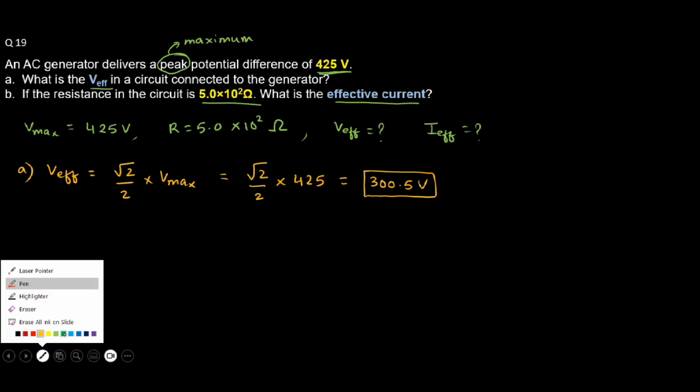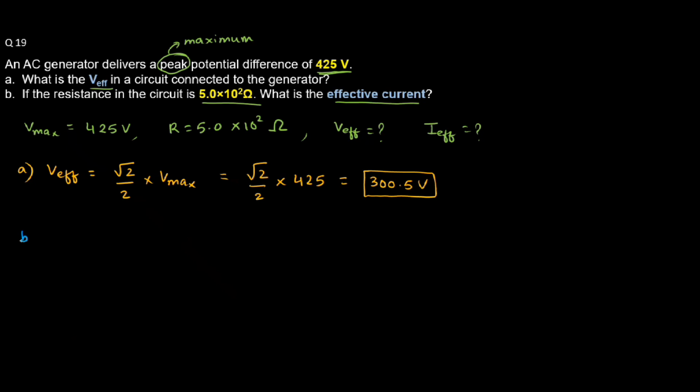Second part of the question wants me to find I effective. Now they have not given me the maximum current, but they have given me resistance and I have V effective. We will use the basic relationship between current, potential difference, and resistance to find this.